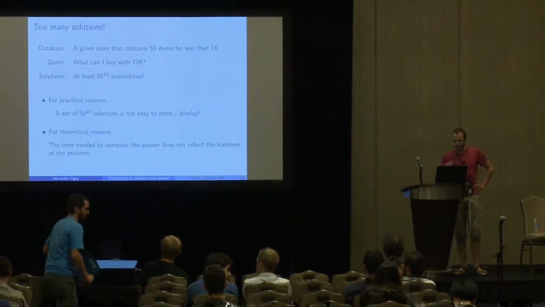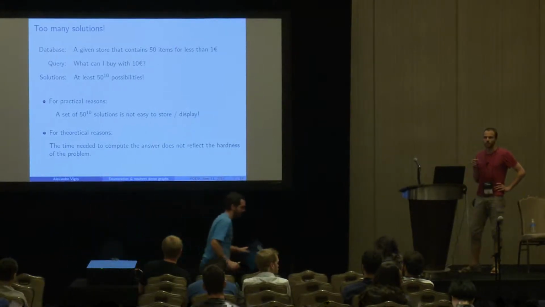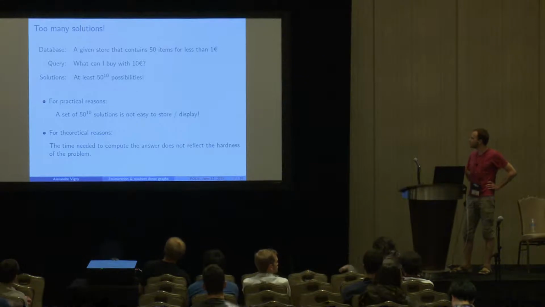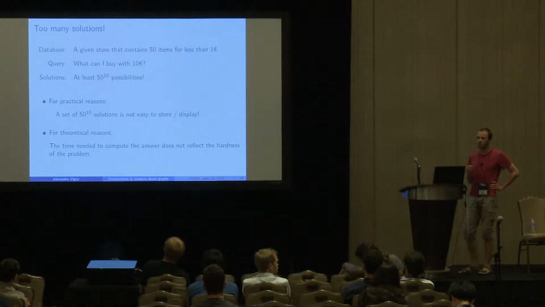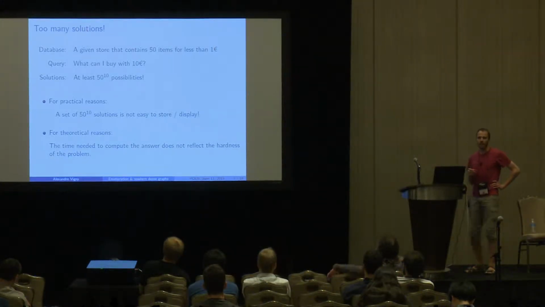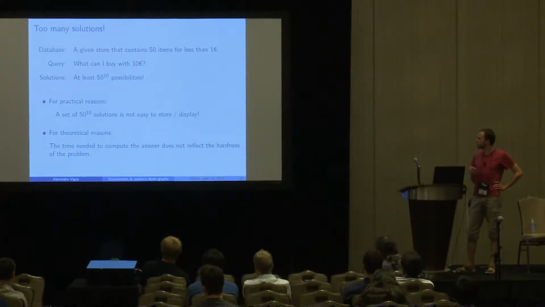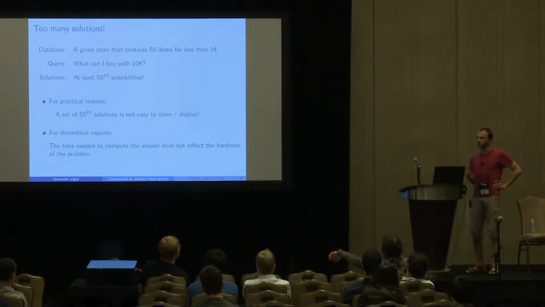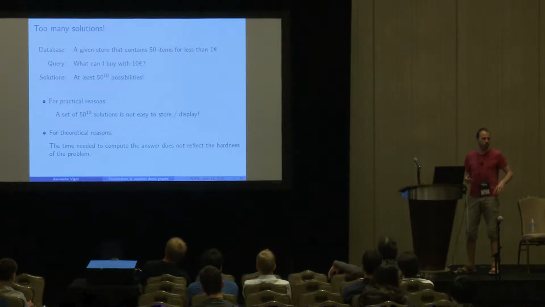The problem is that even for small databases, not too big, and some really small queries, the set of solutions can be gigantic. And this leads to two difficulties. The first one, for practical reasons, we don't want to have a huge set of solutions. We cannot display it, we cannot store it, we cannot do anything with that.